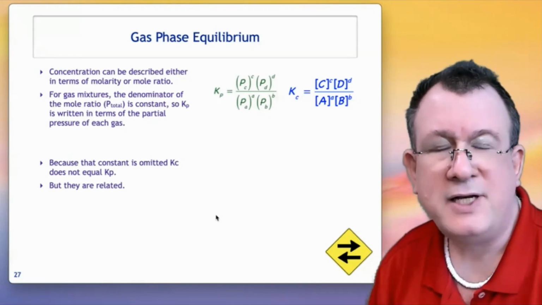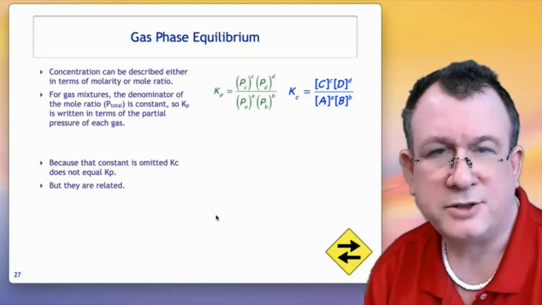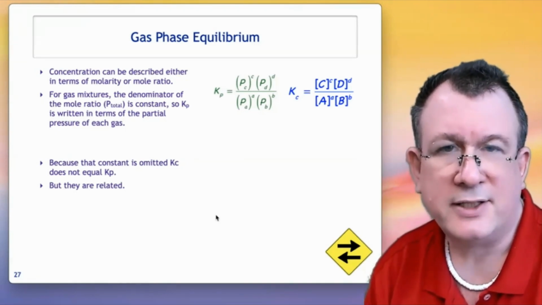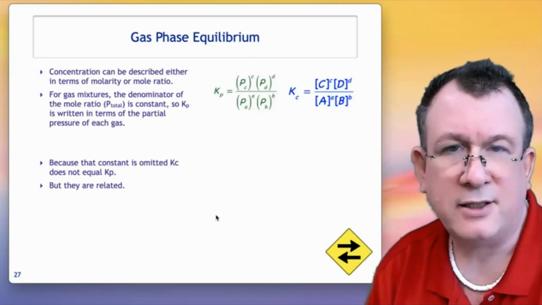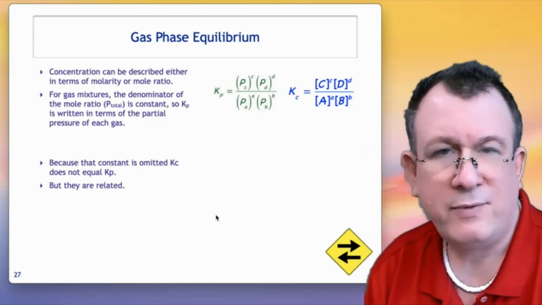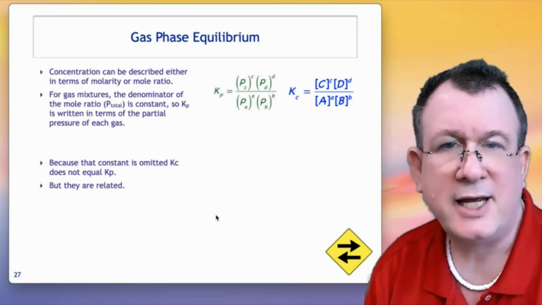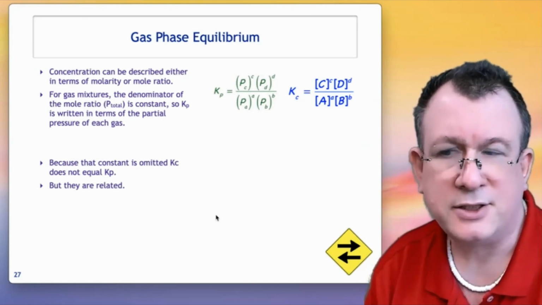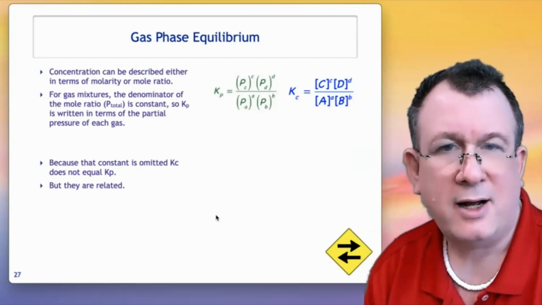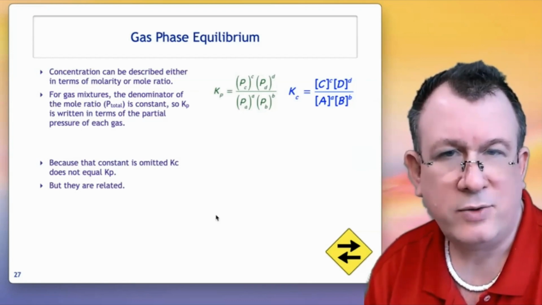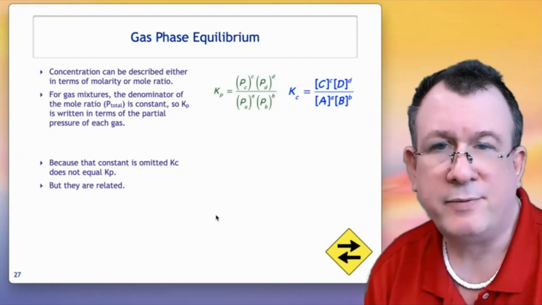But it's often easier to work with partial pressures when you're in the gas phase than to work with concentrations. And so we have two different Ks here: Kc, which is the K calculated from concentrations, and Kp, which is the equilibrium constant calculated from pressures.